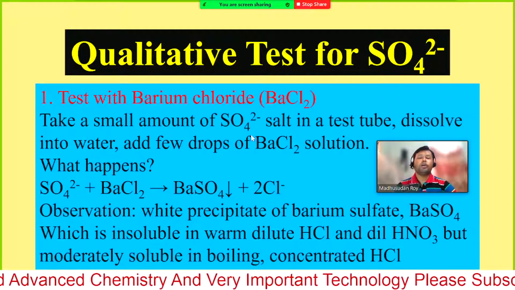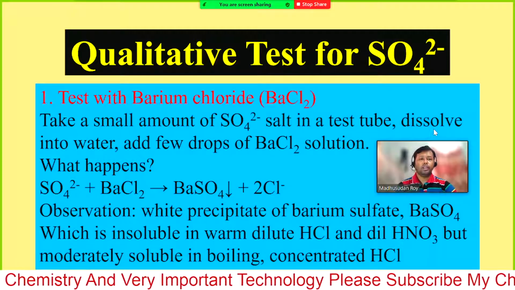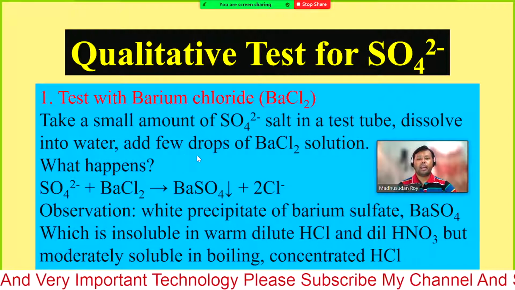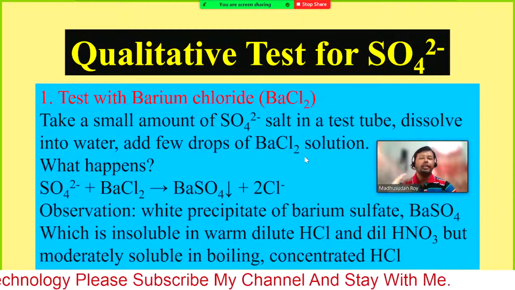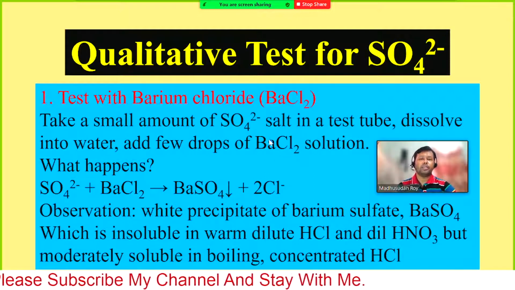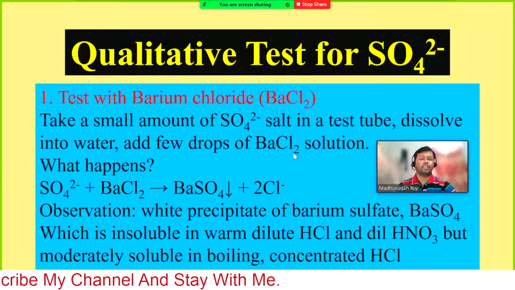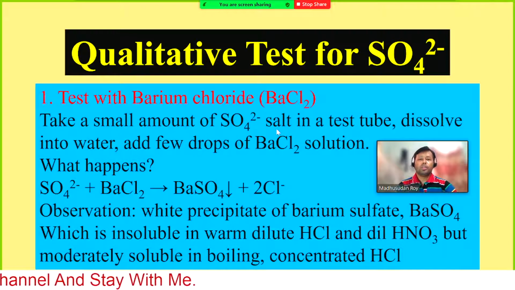Take a small amount of sulfate salt in a test tube, dissolve it in water, and add a few drops of barium chloride solution. In the case of carbonate we mentioned that we can add barium chloride or calcium chloride. In this test for sulfate we can add barium chloride.